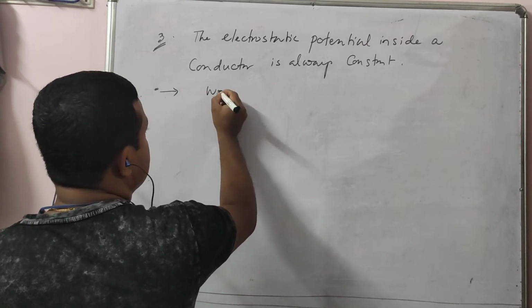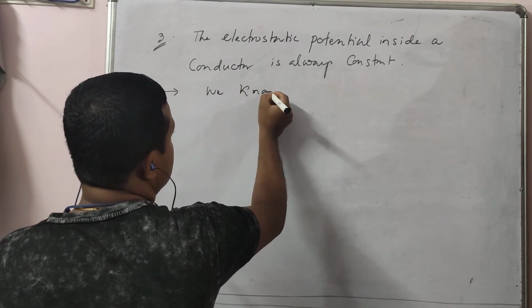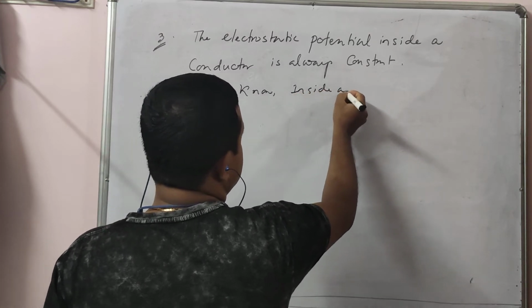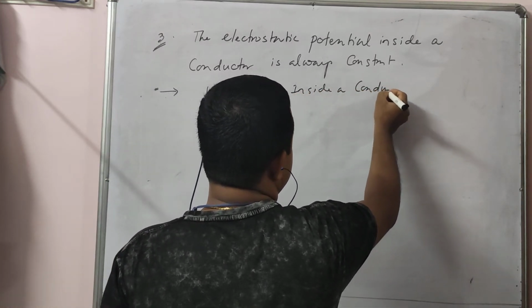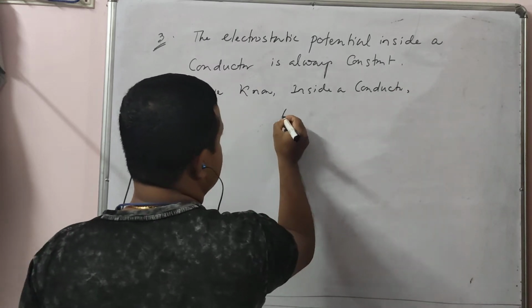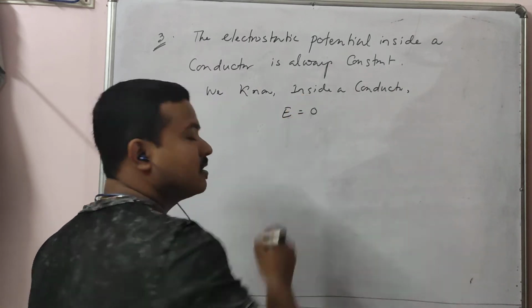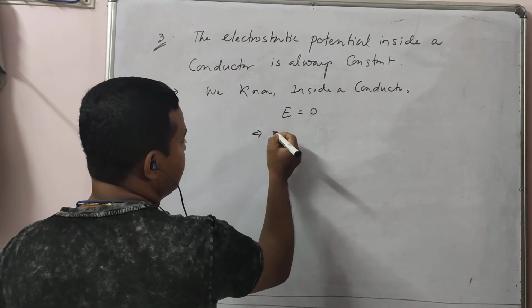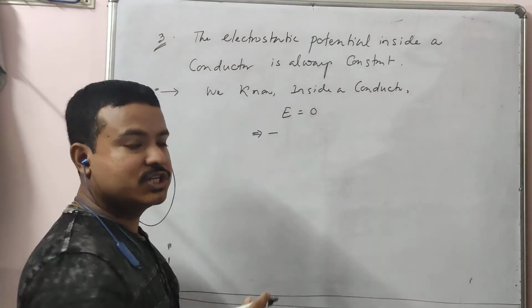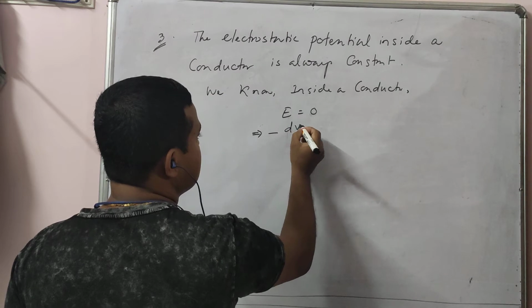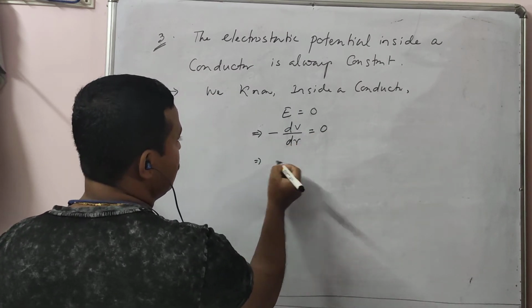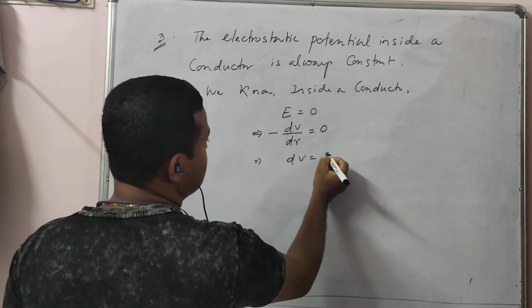So we know inside a conductor the electric field is zero. I have explained that earlier. Now, I have given you a relation between electric field and potential. E is equal to minus dV by dr. So it is 0, or dV is equal to 0.